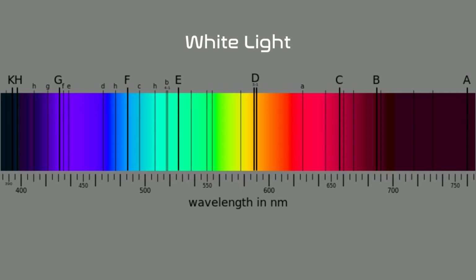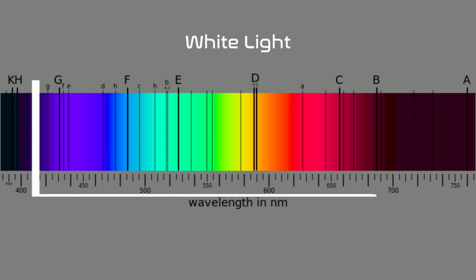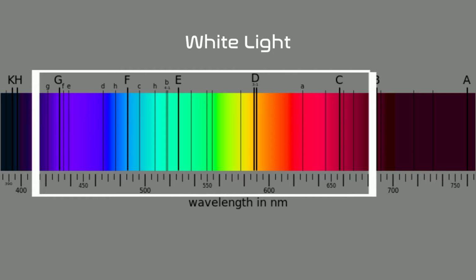A white light filter is a broadband filter that allows a broad range of visible light to pass through, cutting off at the infrared and ultraviolet ends. At the same time, the filter reduces the sunlight by about 99% so that we can observe and image the features of the sun safely.